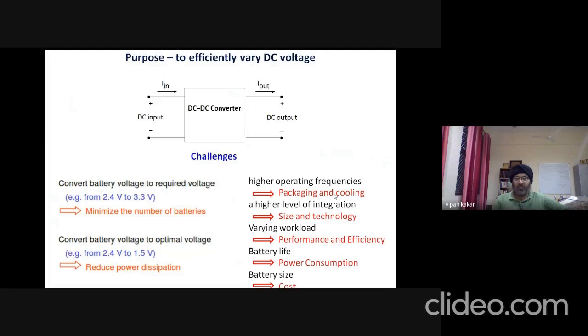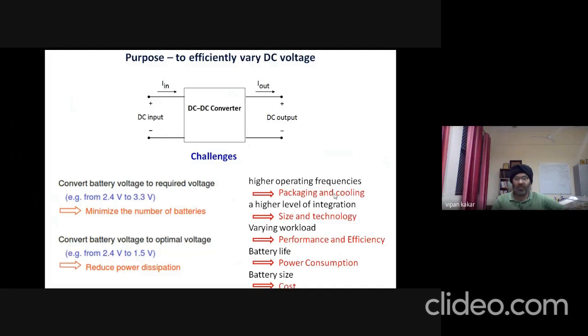Another challenge: to convert that battery voltage to an optimal voltage. So let's say if one circuit needs to have 1.5 volts as well as 2.4 volts, both, depending upon its functionality.